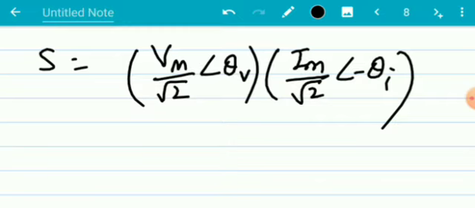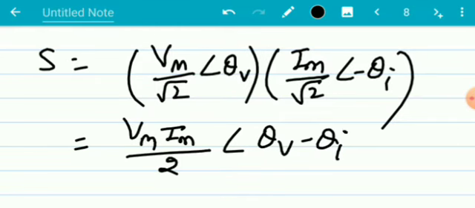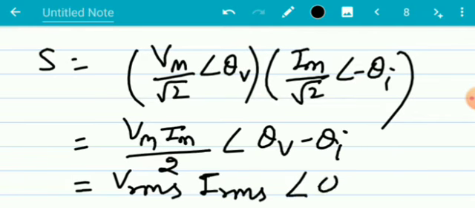If we solve this further, we can write it as Vm Im divided by 2 angle theta V minus theta I, or it can also be written as Vrms Irms angle theta V minus theta I.